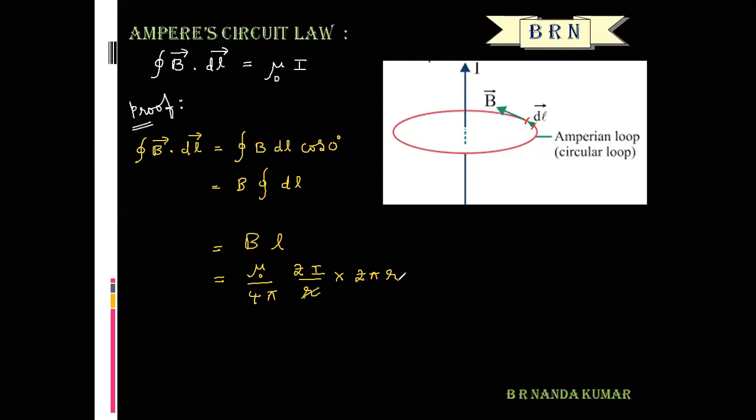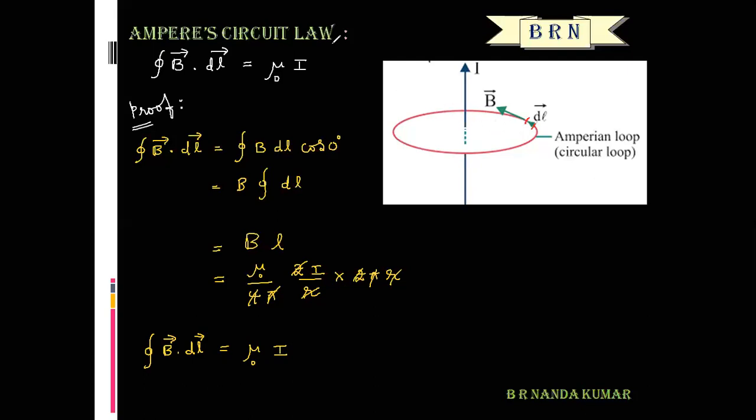So here r gets cancelled, 2 into 2 is 4, the 4 gets cancelled, even pi cancels. So finally we get the line integral of magnetic field around any closed loop or circuit as equal to mu naught times the total current passing through that closed loop or closed curve or closed circuit.